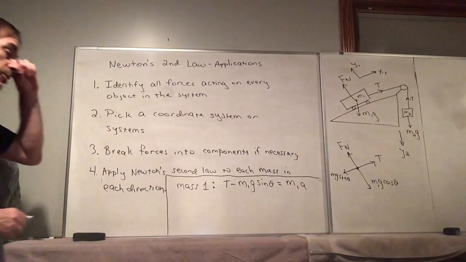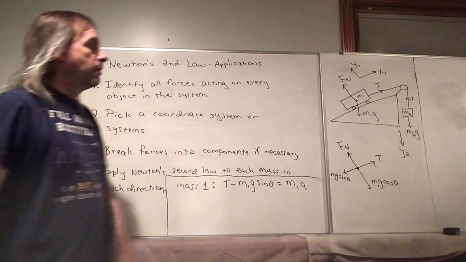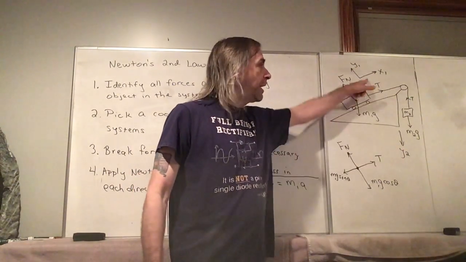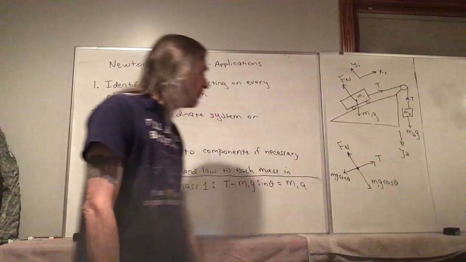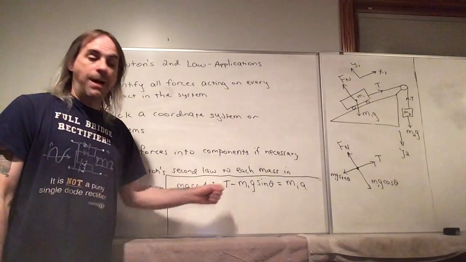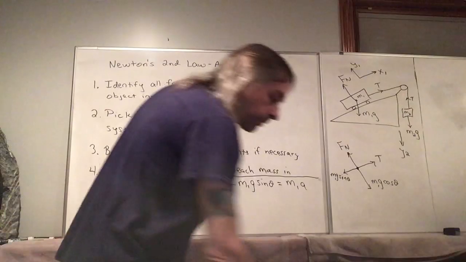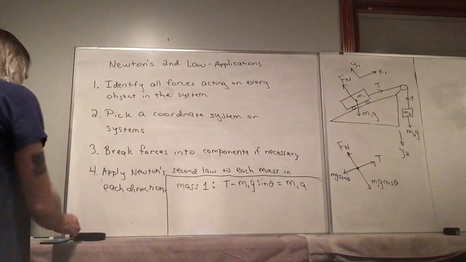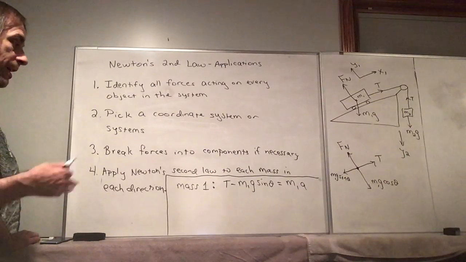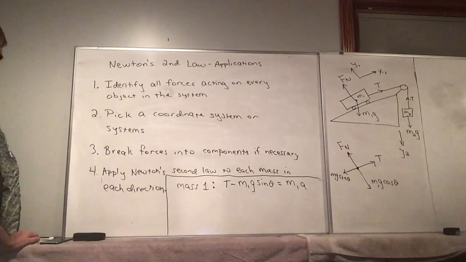So that's it in the x direction for mass 1. We have these two forces. Looking at our coordinate system, T is positive, M1G sine of theta is negative. So when we add them, we have a minus sign here. And that's the net force, and that's equal to mass times acceleration, specifically M1 times A.